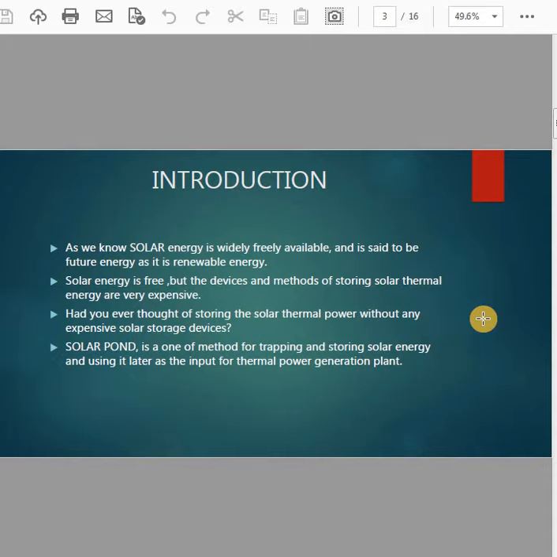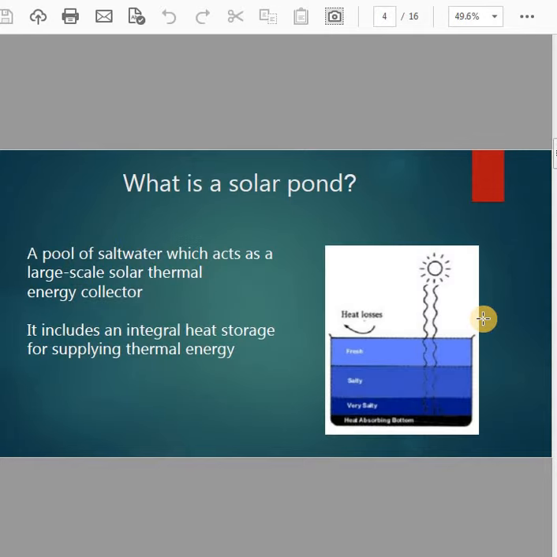There are different methods of storing thermal energy, and there is an artificial way of storing solar energy, which can also be used as an input for thermal power generation plants. One of the methods used for trapping and storing solar energy is the solar pond. A solar pond is nothing but a pool of salt water.